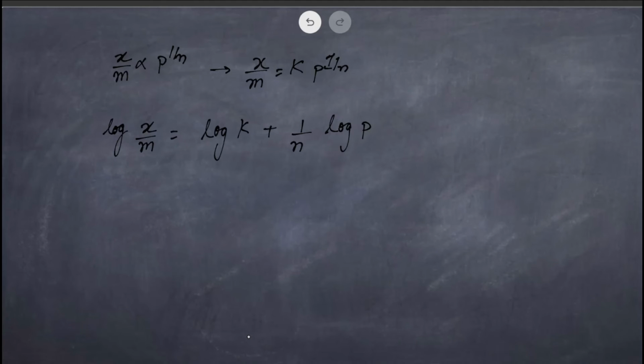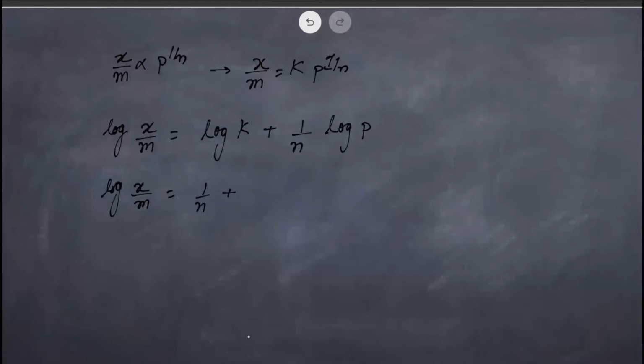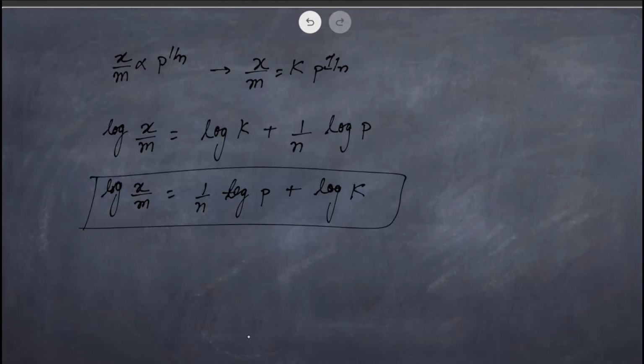Let us now reorder this: log x by m equals 1 by n log p plus log k. This is the right expression. Let us compare it with y equals mx plus c. So m equals 1 by n. This is the slope of the graph.